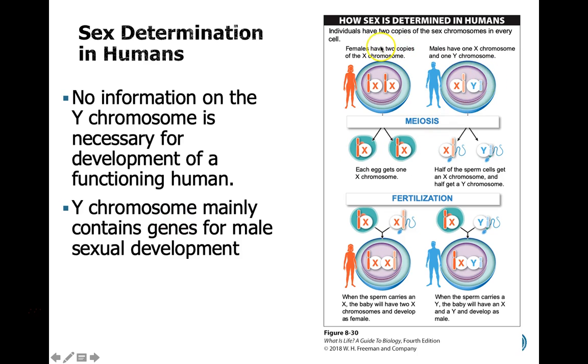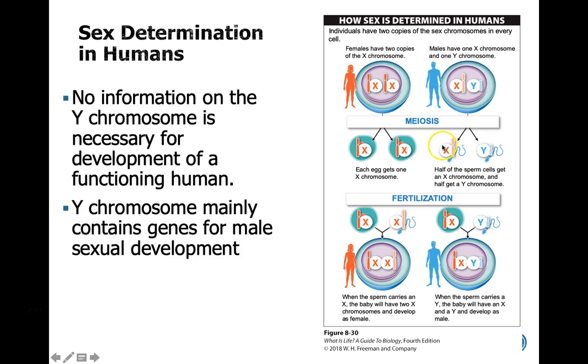So over here we have a female has her two copies of her X chromosome. So all females have two copies of an X chromosome. During meiosis, each cell gets one of those X chromosomes. For the males are X and Y, so they have one copy of the X chromosome, one copy of the Y. During meiosis, those homologs are split up.